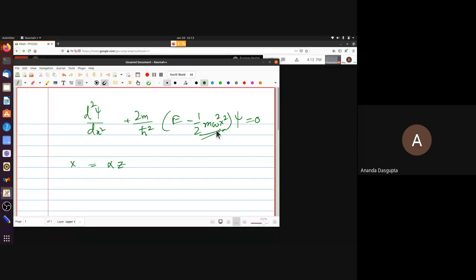Even then, it's always a good idea to deal with dimensionless quantities adapted to the problem you are trying to solve. Remember, when you are doing this substitution x equal to alpha z, you're really using alpha as a unit of length, and then z becomes dimensionless, and in these units z has a magnitude of the order of 1.